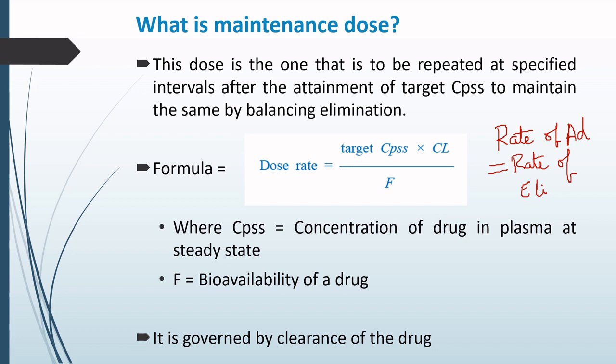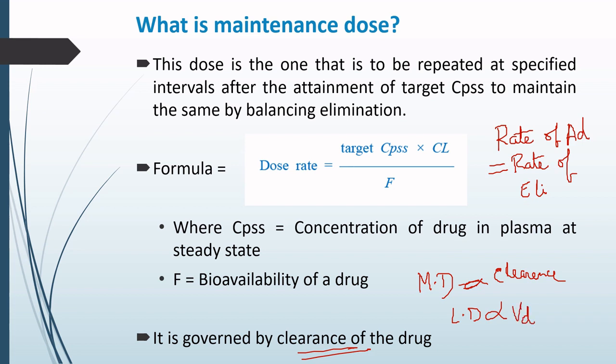Now one important thing to note here is that maintenance dose is governed by the clearance of a drug, whereas the loading dose, if you remember, was governed by the volume of distribution.